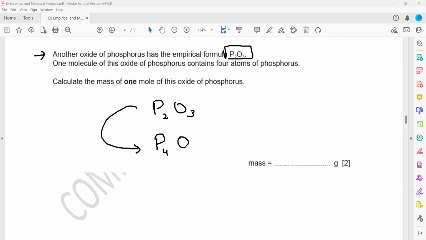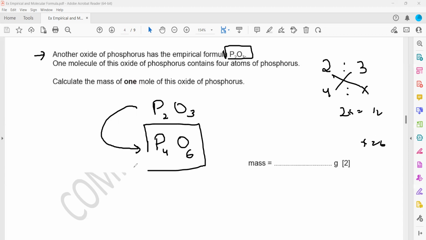If it has 4 phosphorus, how many oxygen should be there, if we want to keep the ratio as 2:3? X. We cross multiply, so 2x equals 12, or x equals 6. So there should be 6 oxygen if there are 4 phosphorus. Then find the formula mass of P4O6, which is about 220.